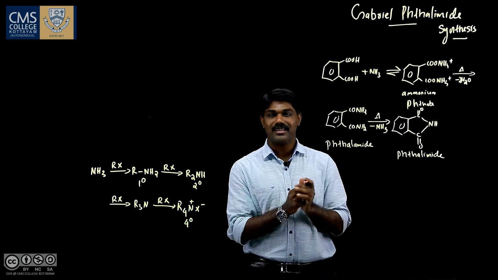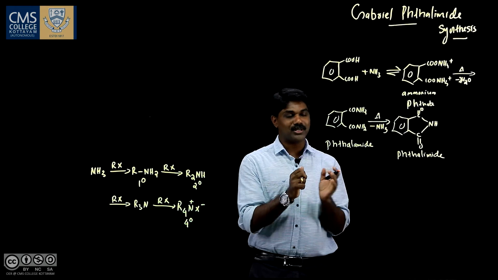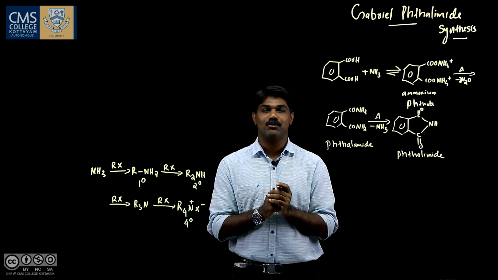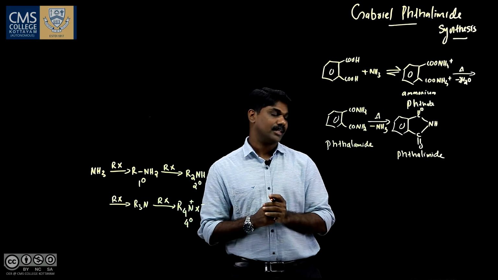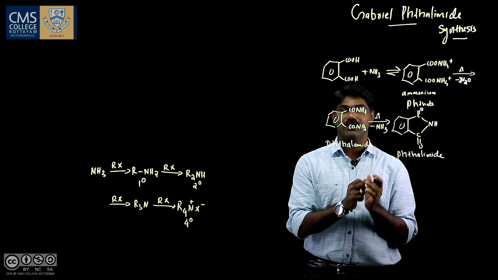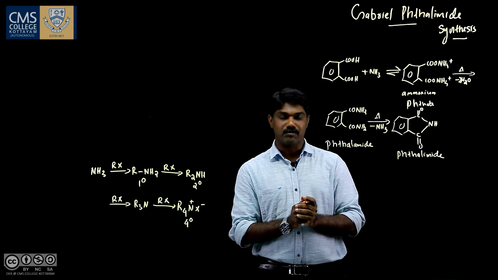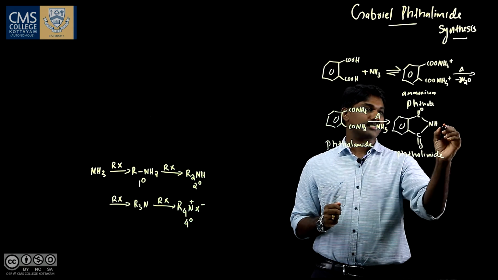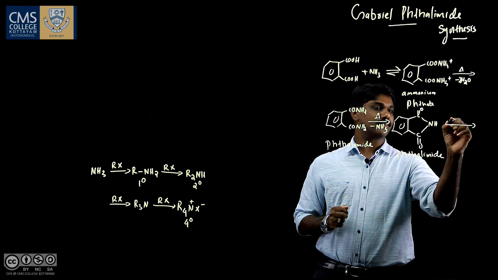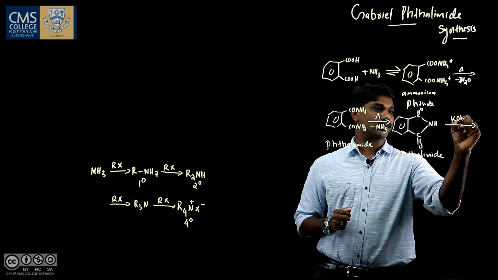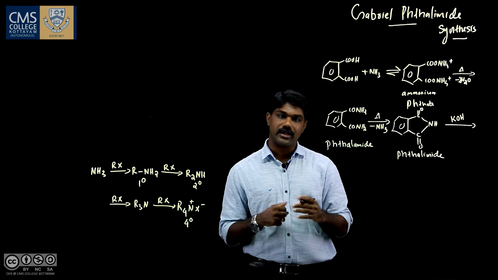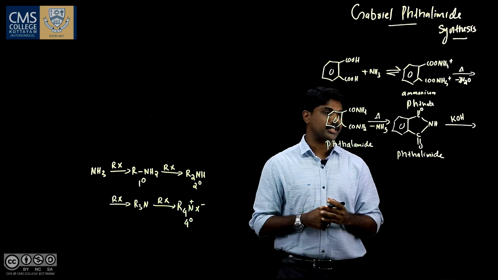Phthalimide is a molecule in which one molecule of ammonia is trapped. This is one of the starting materials for Gabriel synthesis, and it is first treated with a base like KOH. You can use KOH or NaOH for deprotonation.